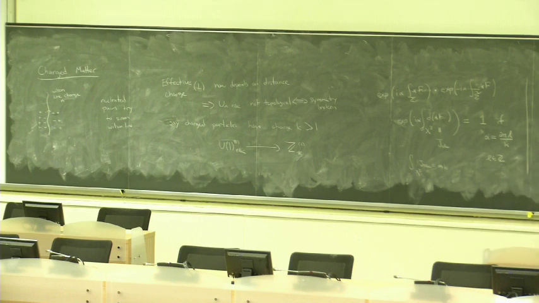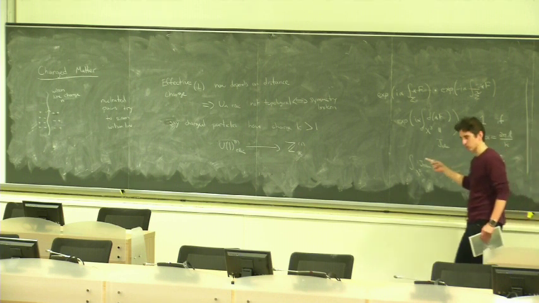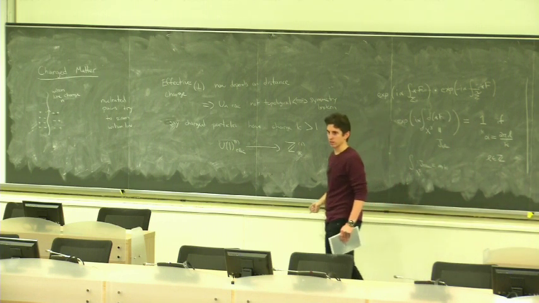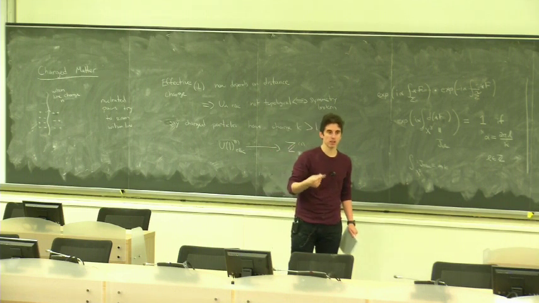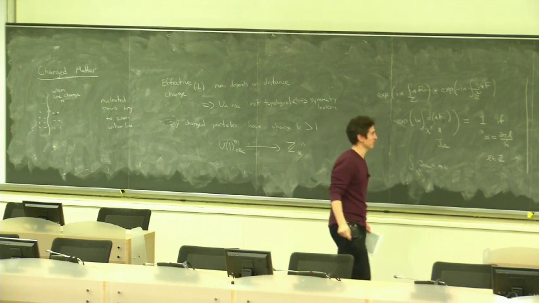And for the purposes of this discussion, the global form of the gauge group will matter. So what I mean is that the following discussion would depend on, say, SU2 versus SO3 gauge theory. Now, you might not even be sure what the difference is between SU2 and SO3 gauge theory. And part of what the following discussion will be about is what is really the difference between those two gauge theories.